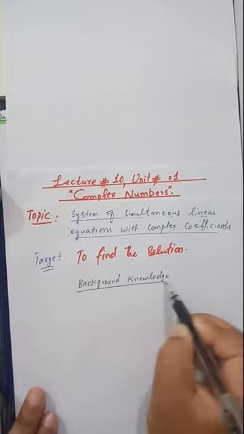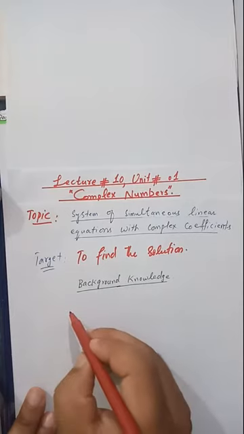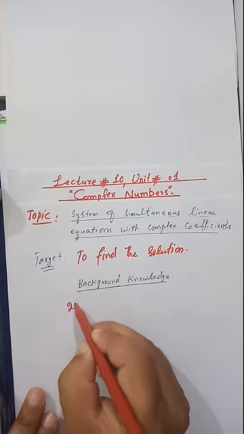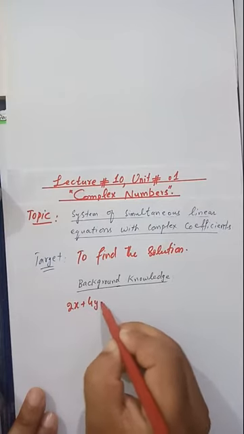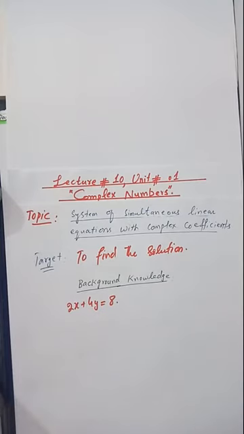You people know linear equation in two variable. Let's say if I write 2x plus 4y equal to 8, this is a linear equation in two variable.